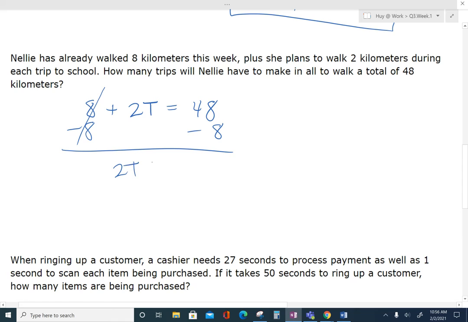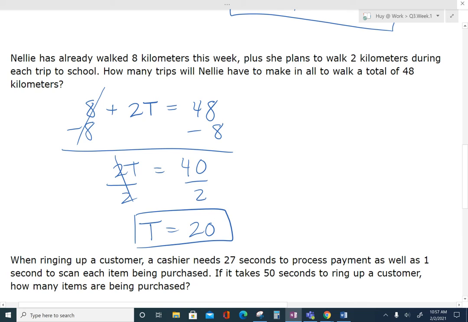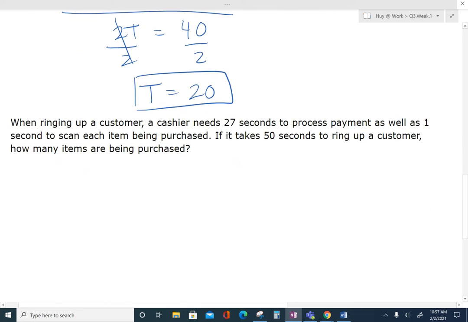So positive 2t equals 48 minus 8, which is 40. Let's divide both sides by 2, and she's going to need a total of 20 more trips. All right, word problems with multiple numbers don't have to scare us if we try to reason through it.